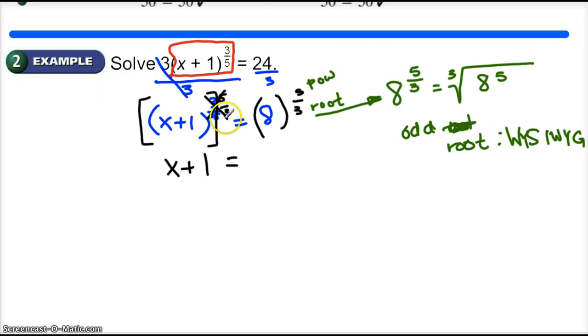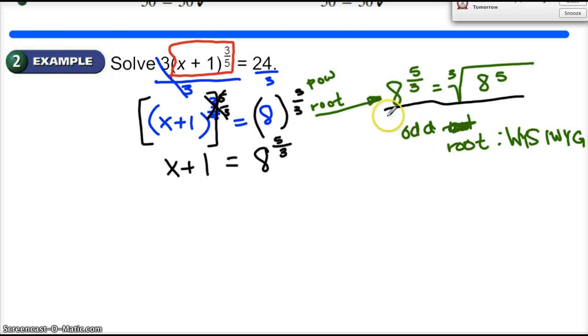Okay, so we've just raised both sides to the 5/3 power. And we're left with x plus 1 on the left, and this is 8 to the 5/3. So you can either write it like we have here, or we can do, 8 is the same as 2 cubed.